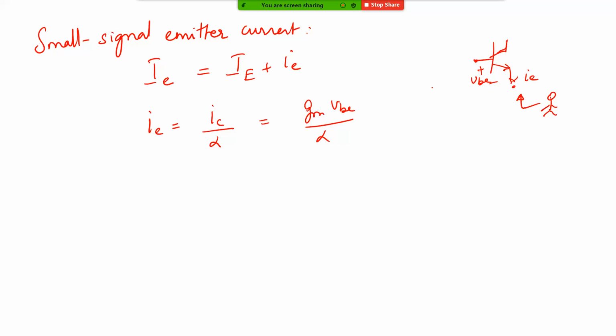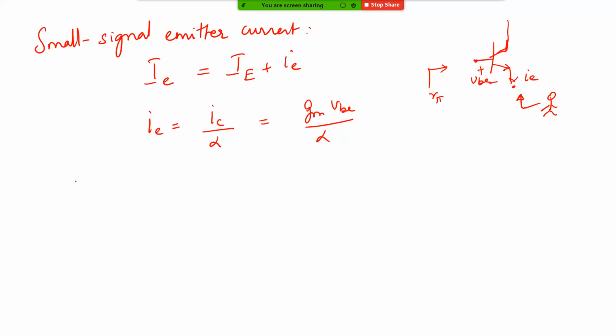We looked at the impedance from this side and we said that it is equal to R pi. And we looked at the collector current and saw that it has this relationship. When we look from the emitter side of a BJT, there is a certain amount of current flowing out of the emitter with a certain small signal voltage between the base and the emitter.